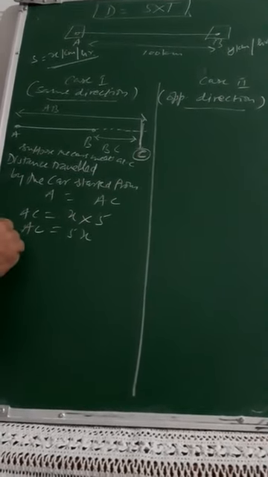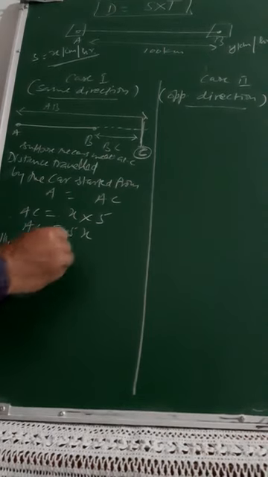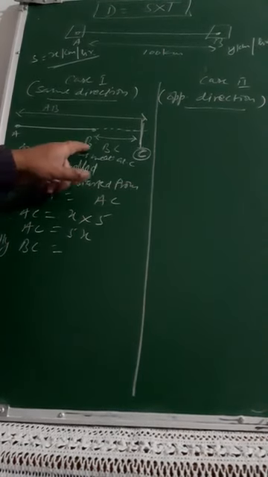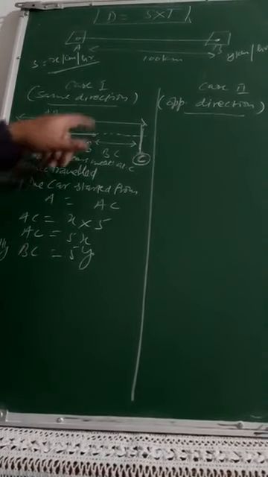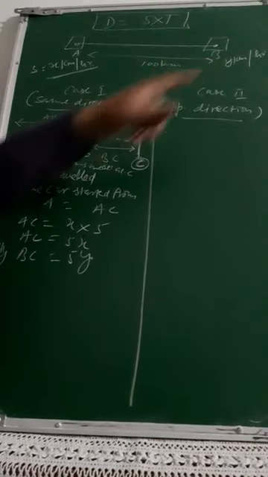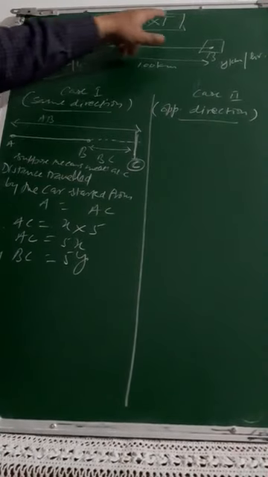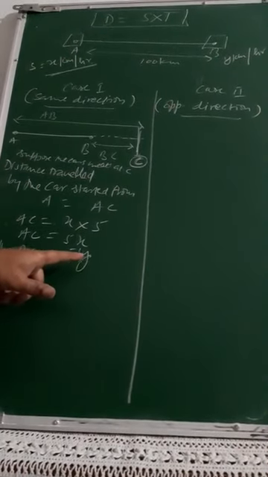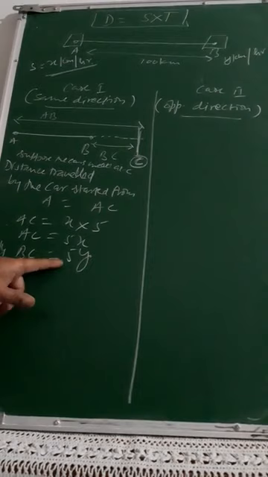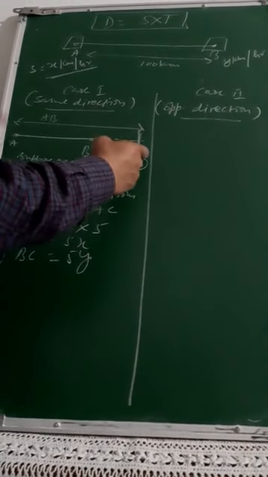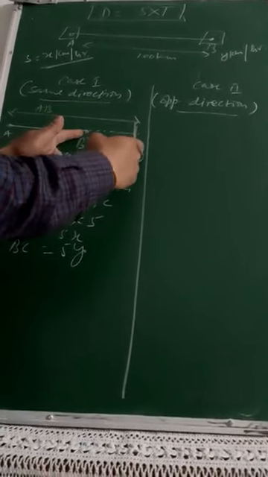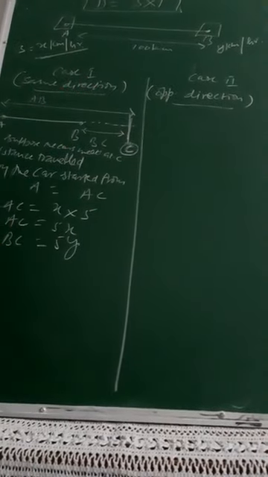And similarly, BC is the distance traveled by the car started from B. That also traveled for 5 hours, but with the speed of y kilometer per hour. So again distance is equal to speed into time: speed is y and time is again 5 hours because they meet in 5 hours. After 5 hours A reached C and after 5 hours B reached C. Then they met at C.